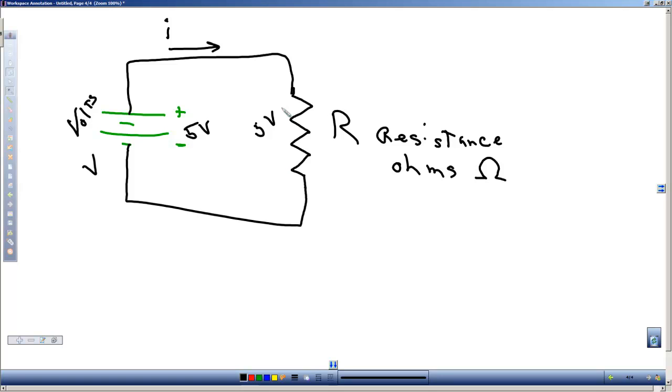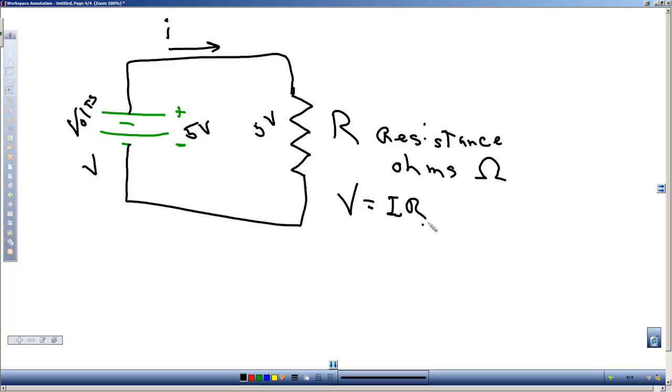And we've got a couple of equations we have to look at. First of all, one of those equations is the standard voltage equation, which is V is equal to IR. So the voltage across this resistor is equal to the current times the resistance.